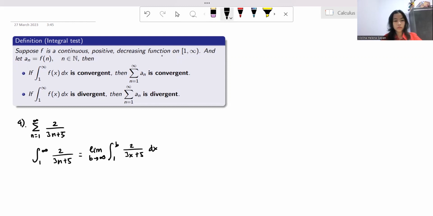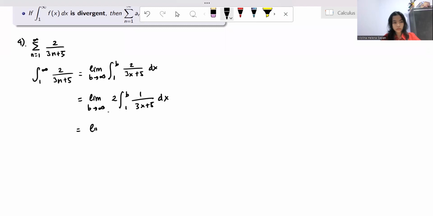Okay, so next, let's pull out the 2. Next, after we integrate this, the 1 over 3x plus 5, it will be equal to the natural logarithm of 3x plus 5, and we'll evaluate it between b and 1.